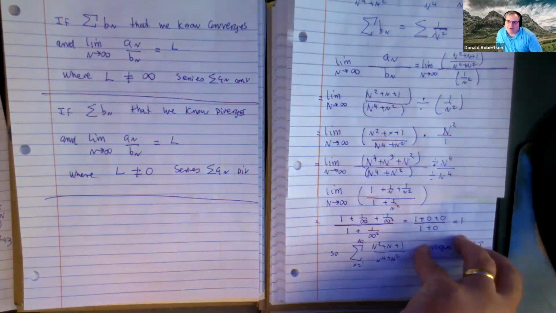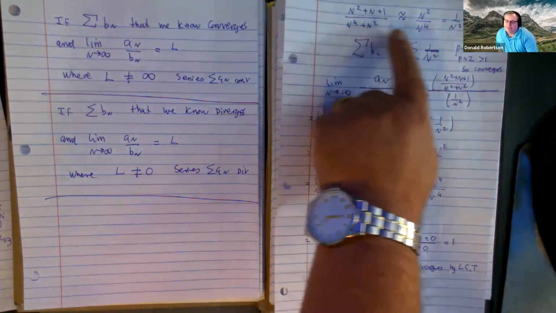If you think about it, there is a kind of logic to this process, isn't there? You take the original and you find some simpler version of itself, something that you can find is convergent or divergent very easily. Most of the time it's a p-series, sometimes it'll be a geometric.